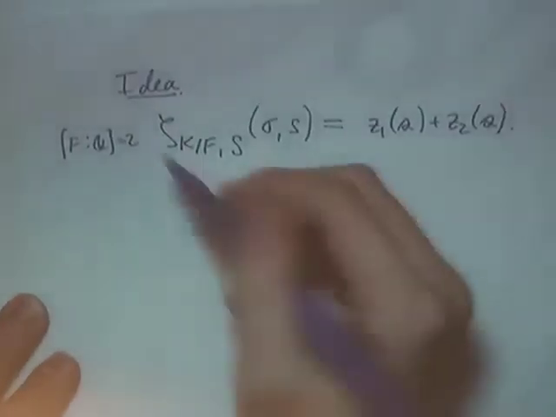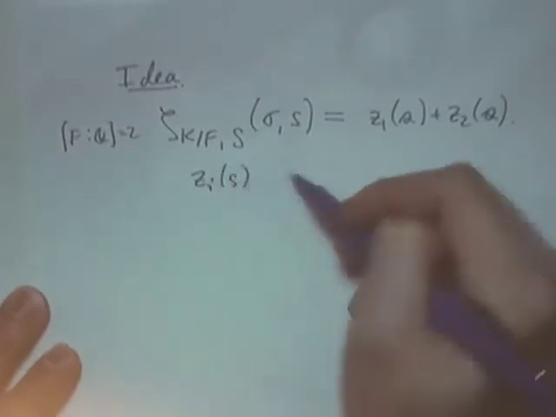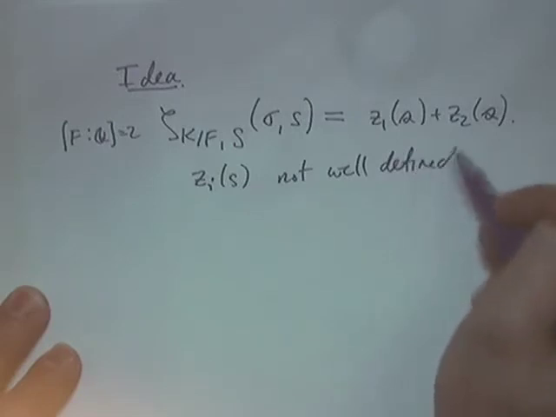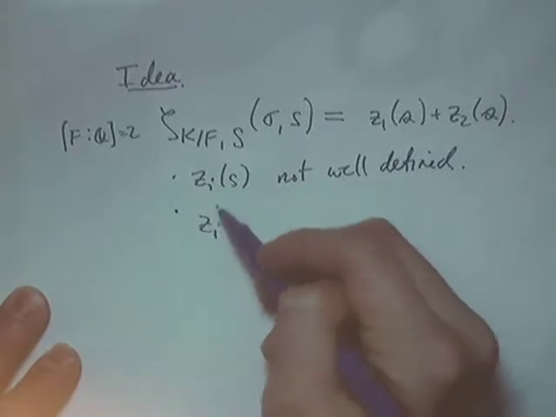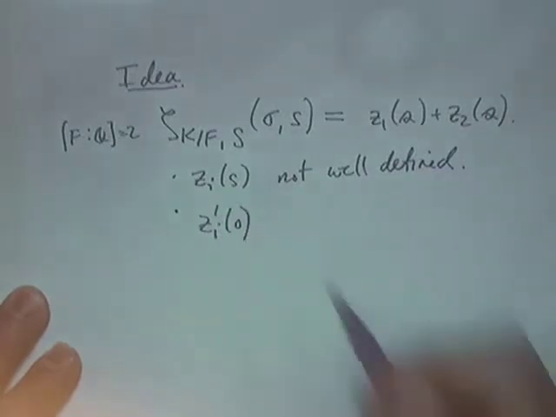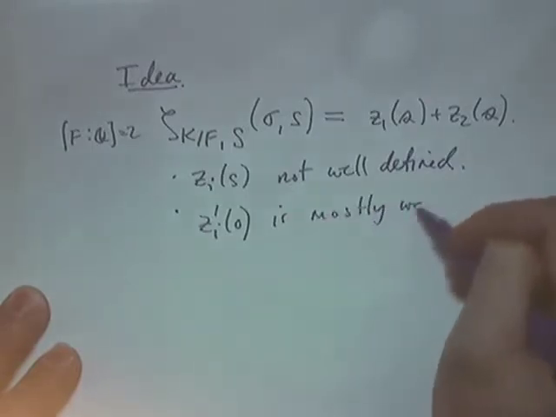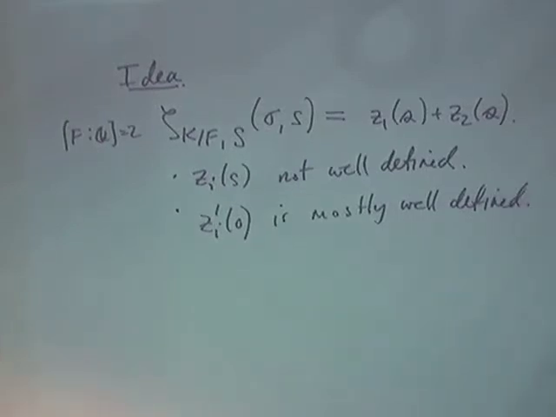And of course, there are choices involved here, so the zi of s are not well defined. There are choices involved, but zi prime of 0 is mostly well defined, in the sense that it's well defined up to, well, however much we can expect a logarithm to be well defined, namely up to an integral multiple of 2 pi i.